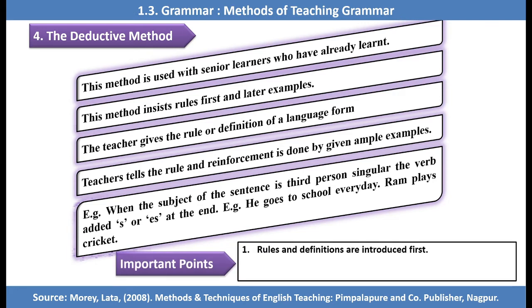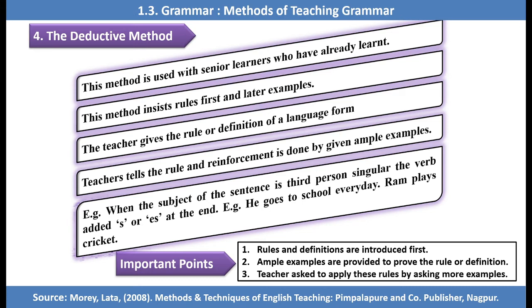So the important points of this method are: rules and definitions are introduced first, then ample examples are provided to prove the rule or definition. Here the rule is given, and here I have provided two rules. Again, if the students have doubts, the teacher provides more and more examples to learn that rule.